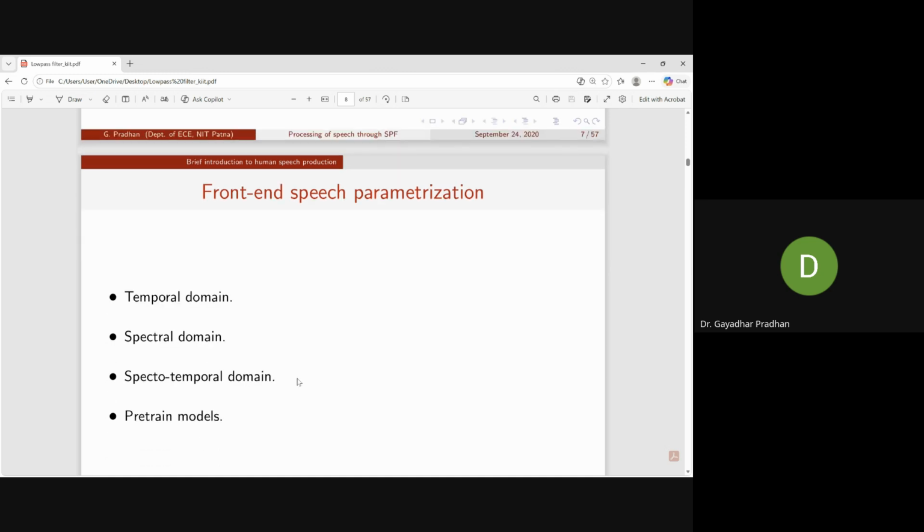So if I extract the feature from the speech, I can extract it in the time domain. This means on the signal itself in the temporal domain, or I can take the data to the spectral domain. That means frequency transformation, wavelet, or EMD, whatever it may be. We can go to the frequency domain and do the analysis there. That is one approach. And we can use a spectro-temporal, time-frequency representation.